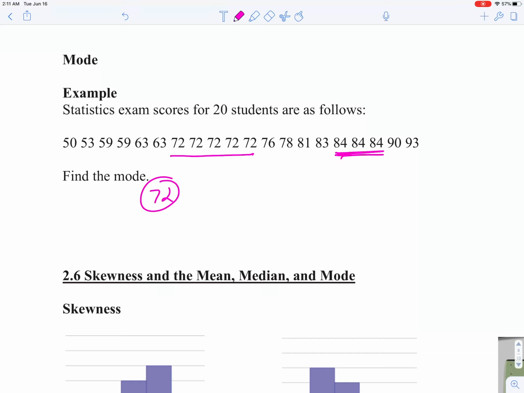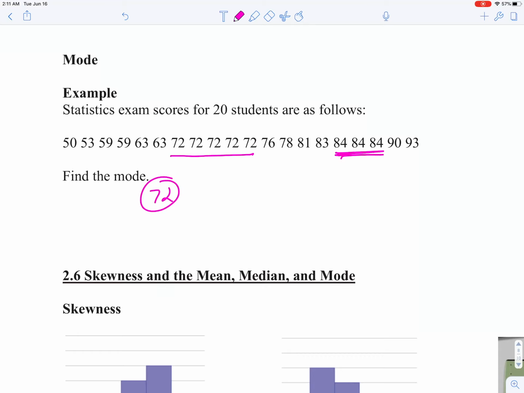Let's just pretend for a minute there were 5 84s. So 5 72s and 5 84s, that's a tie for the most repeated values on this list. Then the mode would be 72 and 84. Okay, so you could have no mode, you could have one mode, you could have multiple modes.